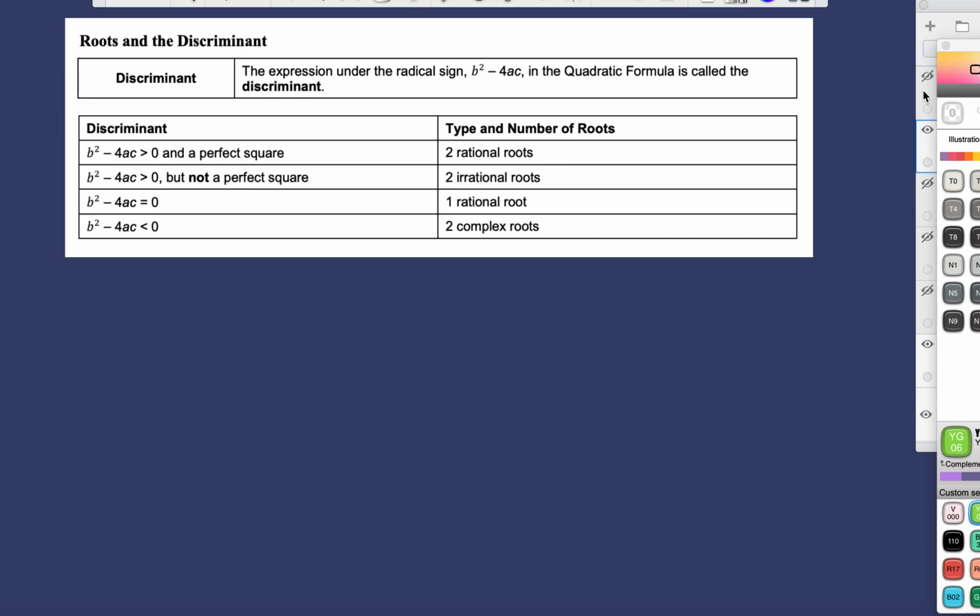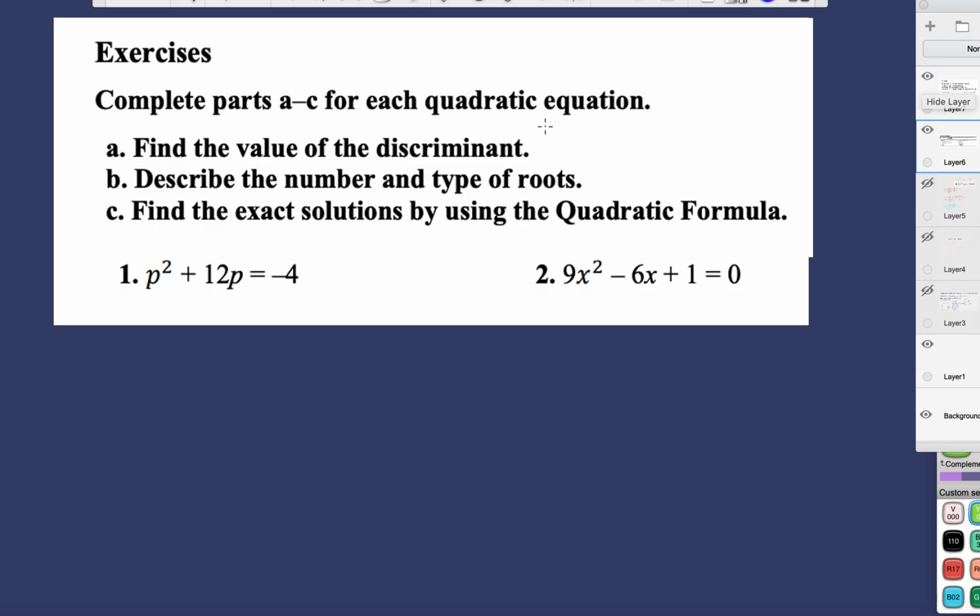All I need to do is use the discriminant, which is, remember, b squared minus 4ac, and then we figure out what it is. Step number 1 is put this in the right form, ax squared plus bx plus c equals 0.